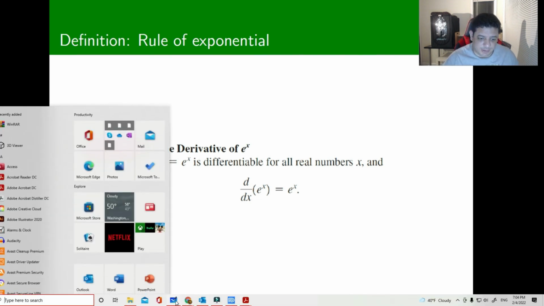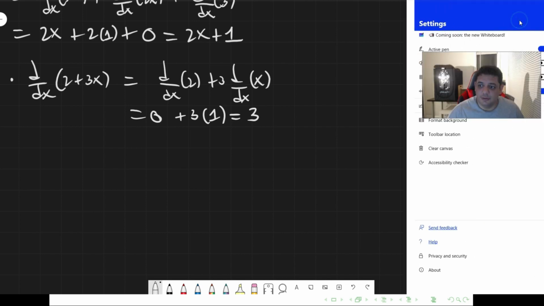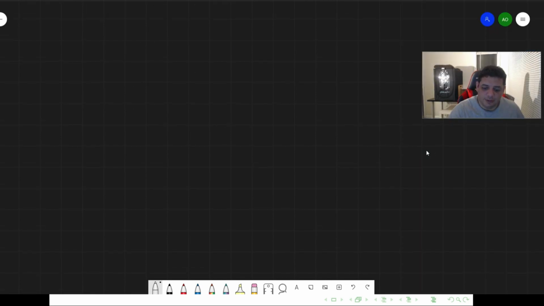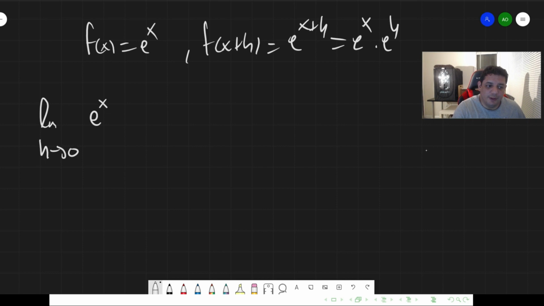Notice if you take a look at the limit, f of x is e to the x. So f of x plus h is e to the x plus h, which is e to the x times e to the h, right? And so notice that when you do the limit of the derivative, this is e to the x plus h minus e to the x over h.